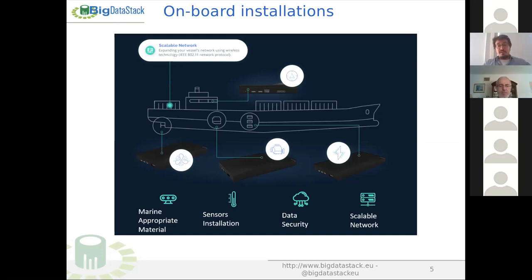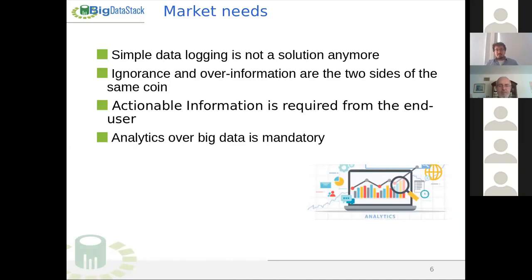And also the data transmission between all devices should be secure, and the network of devices should also be scalable, meaning that we must be able to collect data from any point of the vessel. This is quite difficult considering that the vessel is a metal box and wireless communication is not as easy as it could be in other domains.